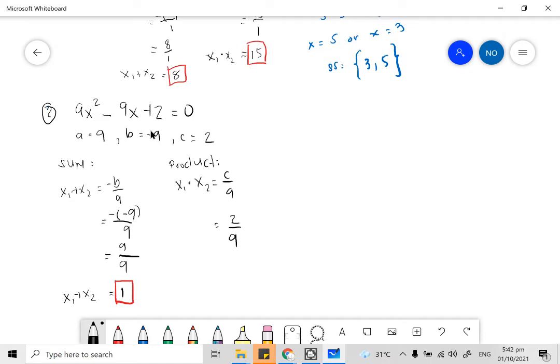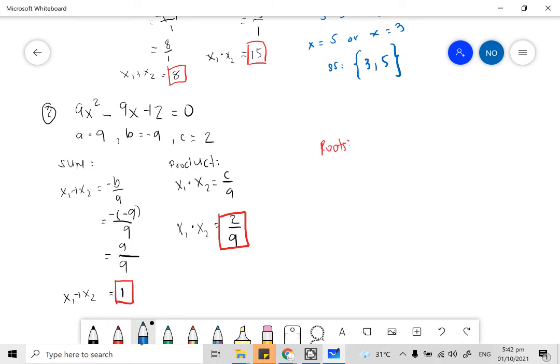Because 2 and 9 are relatively prime, meaning to say the GCF of 2 and 9 is no other than 1. So, wala nang pwedeng i-divide sa kanilang number na pareho. Okay? So, ngayon, ang magiging product of the roots natin ay 2 over 9. Now, hanapin natin yung roots gamit sum and product. So, roots.